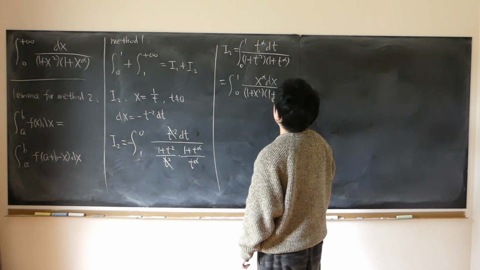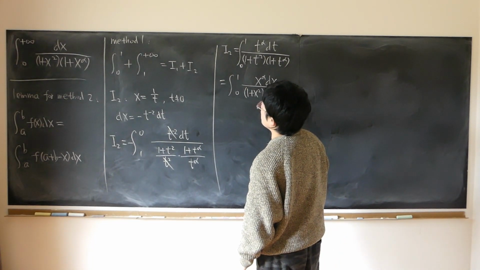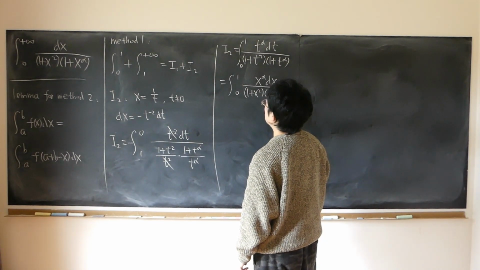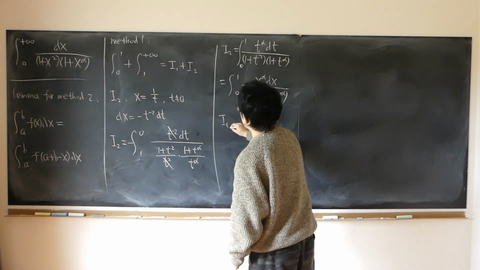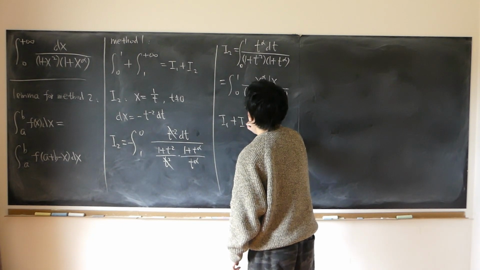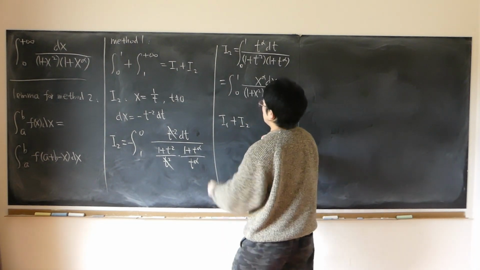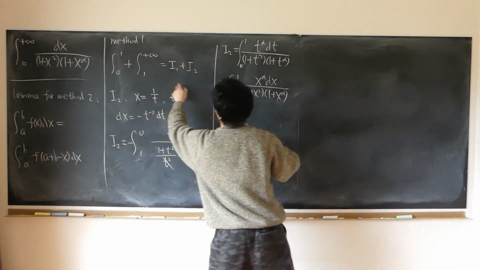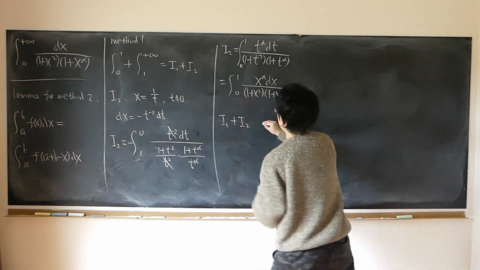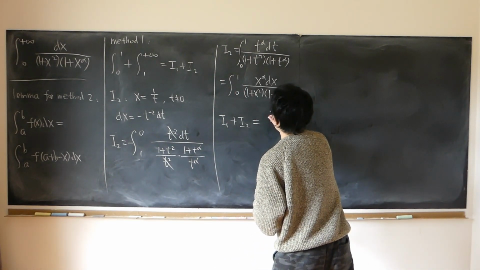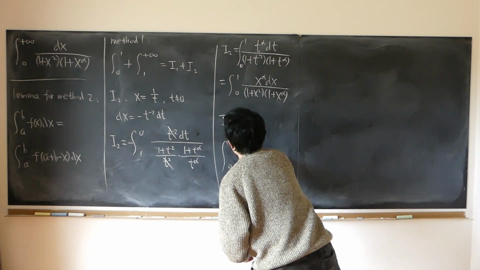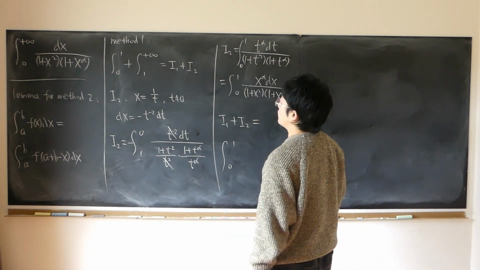Now, what do I1 plus I2 equal? We have the same boundaries, from 0 to 1, so we just need to add up the integrands.